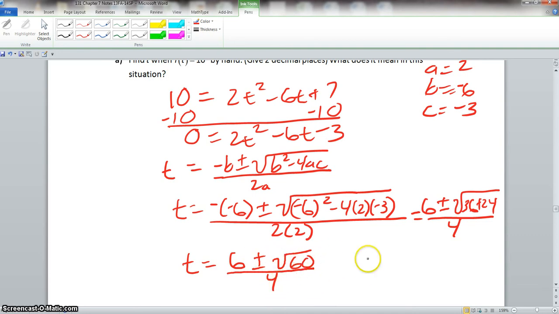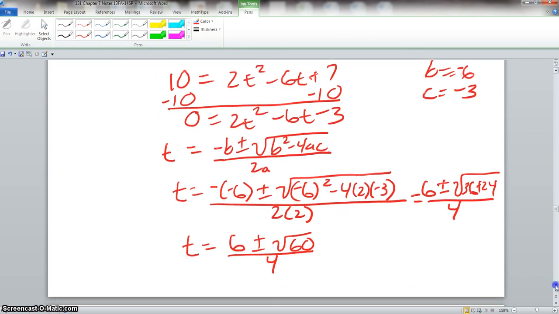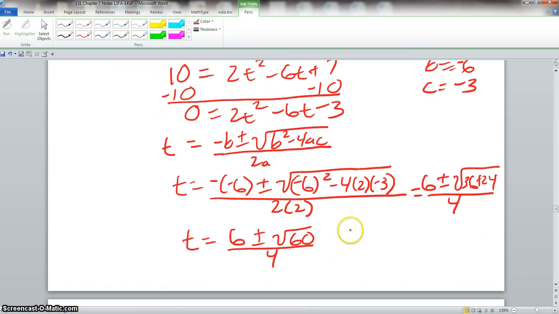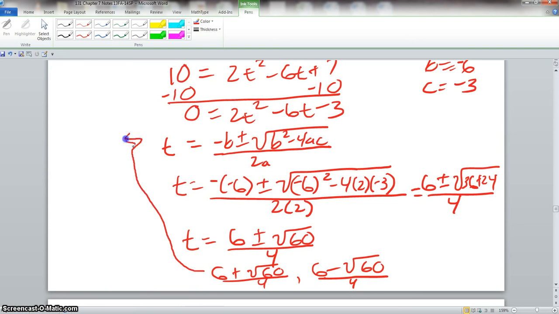In your calculator you will have, in one instance, 6 plus the square root of 60 all over 4, and you will also have 6 minus the square root of 60 all over 4 that you will put in your calculator.